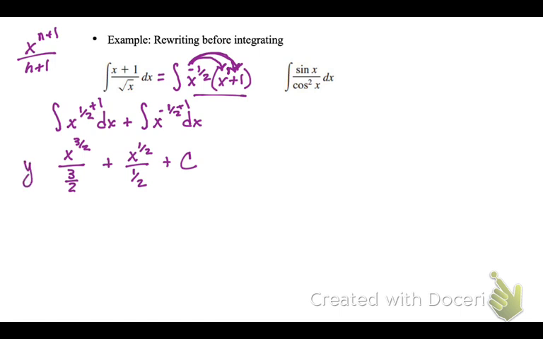I always forget my y equals till the end. So now what do I need to do with both these fractions? Multiply by the reciprocal. So I'm going to have y equals 2/3 x to the 3/2 plus 2 x to the 1/2 plus c.